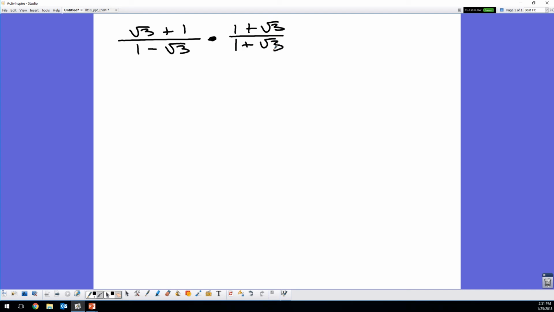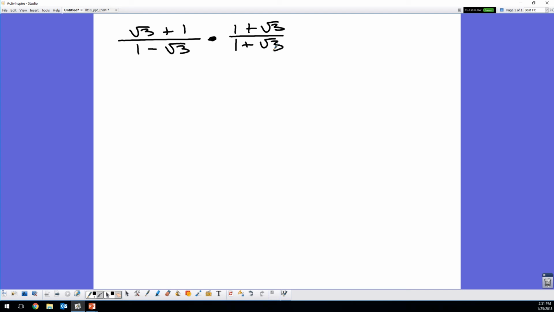That's what I'm looking for. Now, this is called the conjugate, the 1 plus radical 3. But I'm multiplying by the value of 1. If I multiply anything by 1, it's going to be the same thing, but it's going to look different. Because the right-hand side is the same on top and bottom, that value is 1.